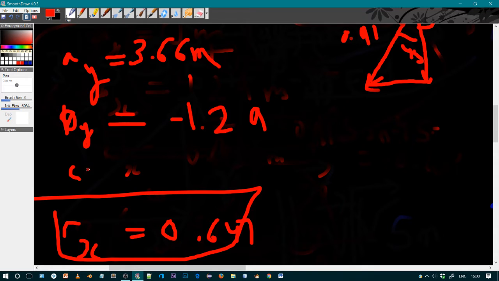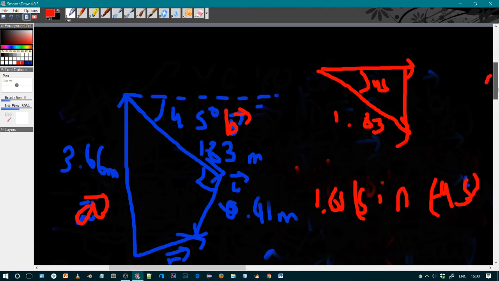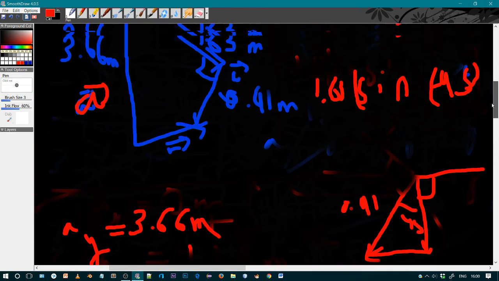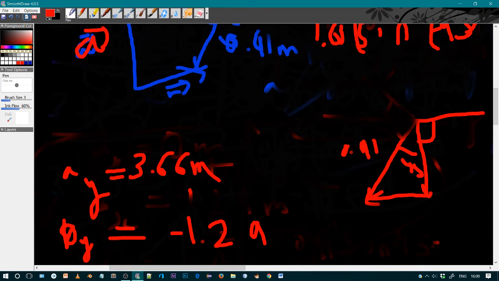And the last one, where's the last one? Yeah, here's the last one, 45 degrees. So cos minus 45, because it's downward, into 0.91.